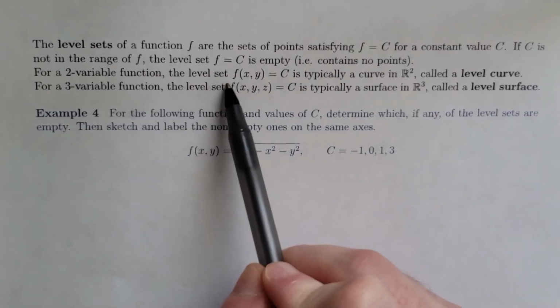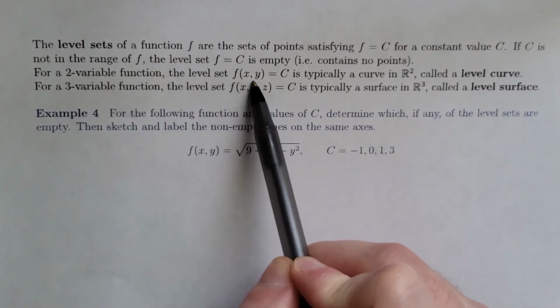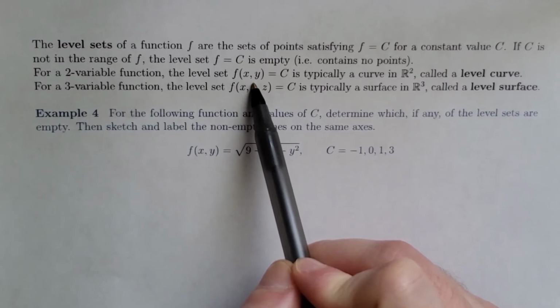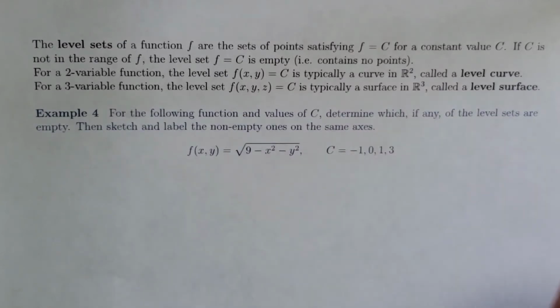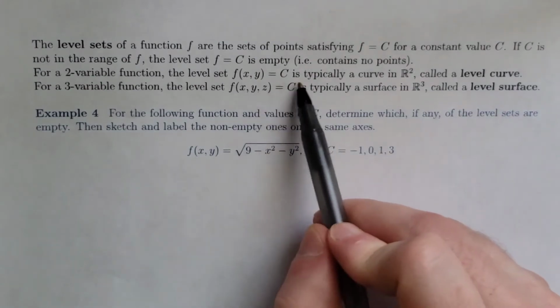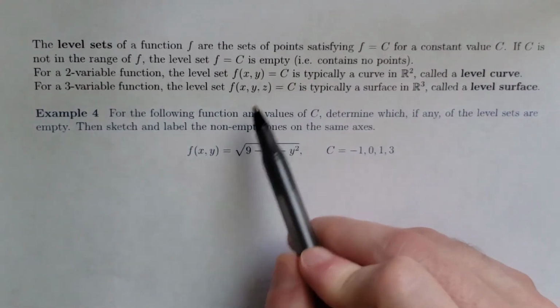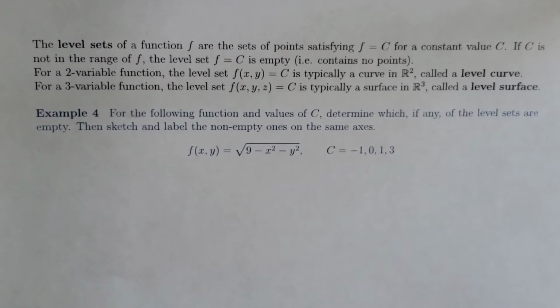So if we have a function of two variables here, the output z is a three-dimensional surface, but our level sketch is going to say, well, what if z is a particular value? Then what are the x and y values that correspond to that particular output? And so that's what we're going to be sketching.